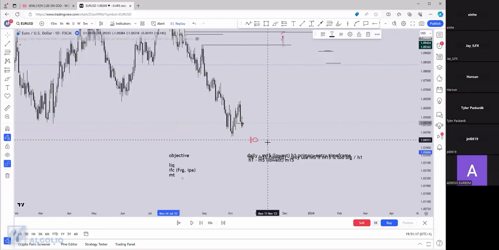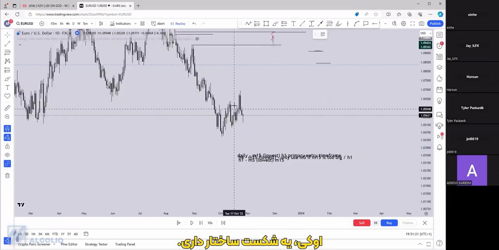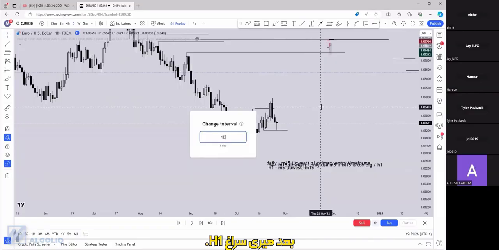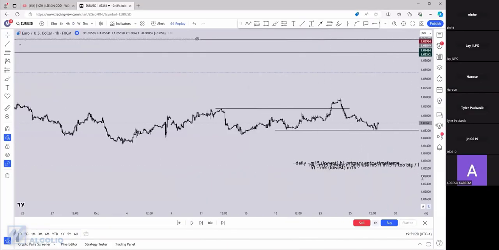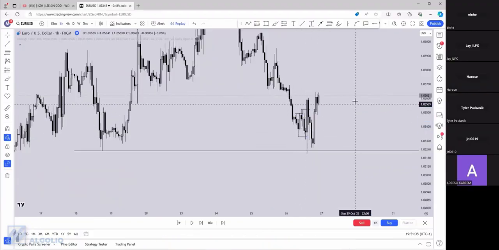Okay, you have a breaker structure. There's some sort of internal liquidity on daily. Then you hop to H1 and you see, oh, you have FBOS, inducement, key BOS.